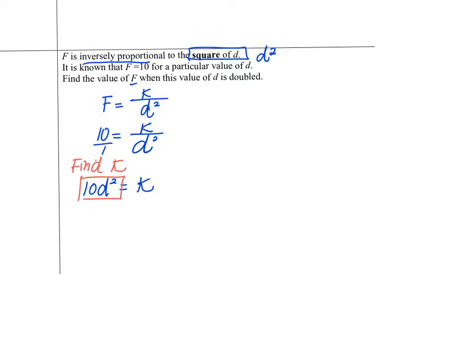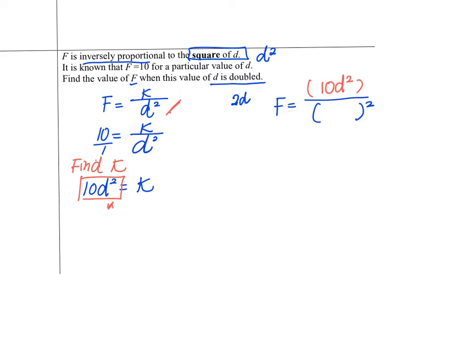Find the value of f when the value of d is doubled. So d is doubled means it becomes 2d, 2 times d. So f is now equal to k over d squared, following this pattern. We found k to be 10d squared for that particular value of d.